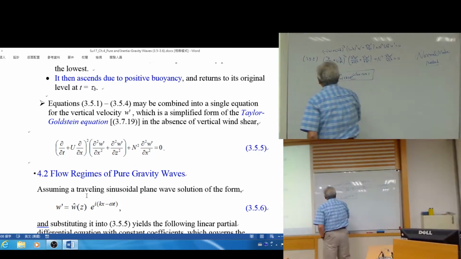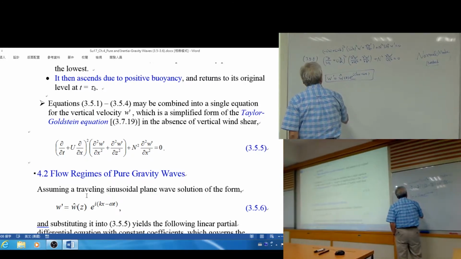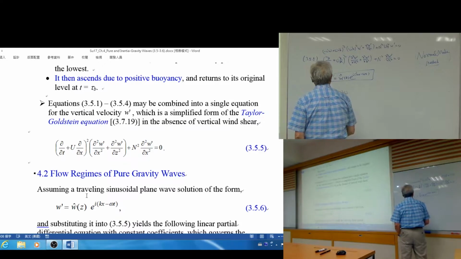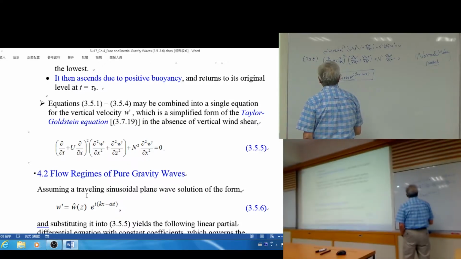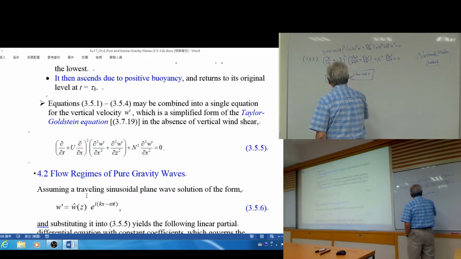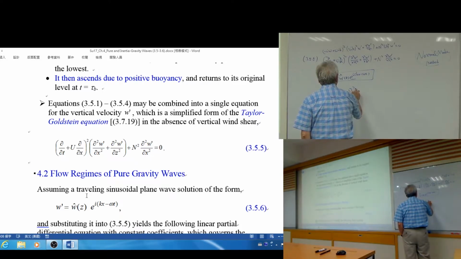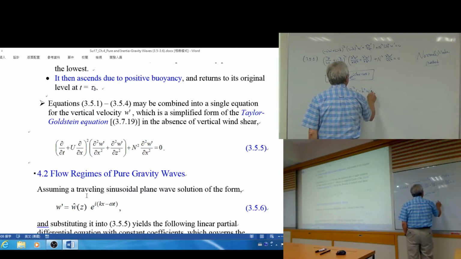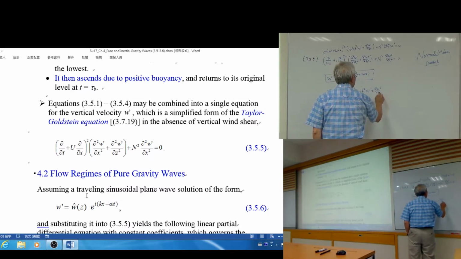Now we have negative i times (omega minus ku), then this squared, times negative k squared w prime, plus d squared w prime over dg squared.